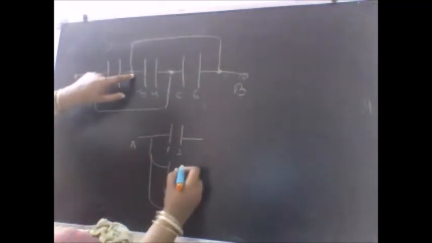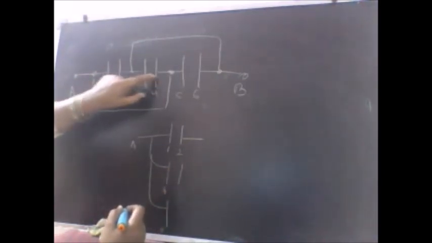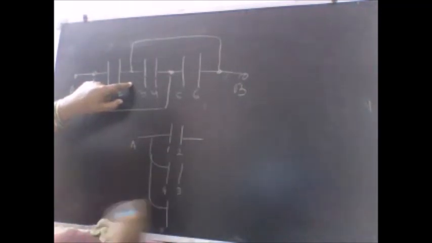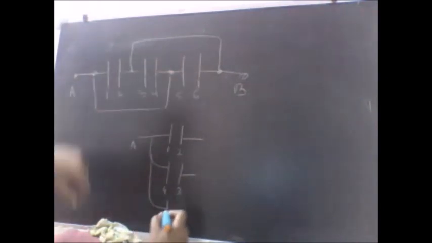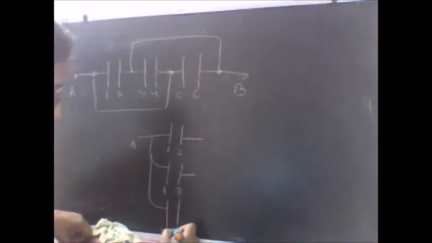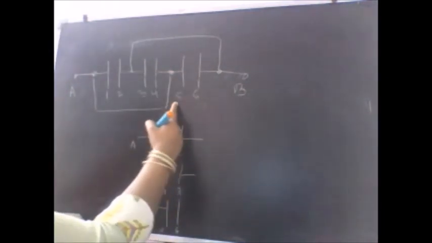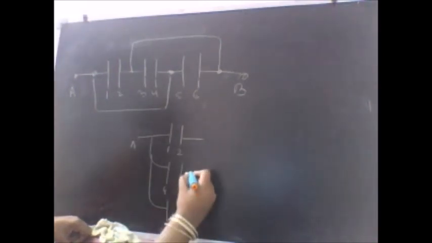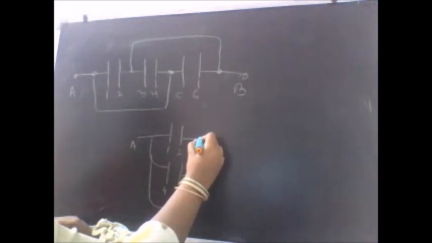So I have plate number 3 here, which is forming a capacitor with plate number 4. So rightly placed plate number 3, and 2 is also connected to plate number 6. Another plate, plate number 6, is forming a capacitor with plate number 5. So again rightly placed.